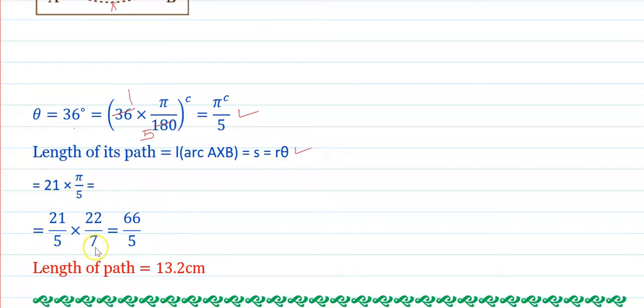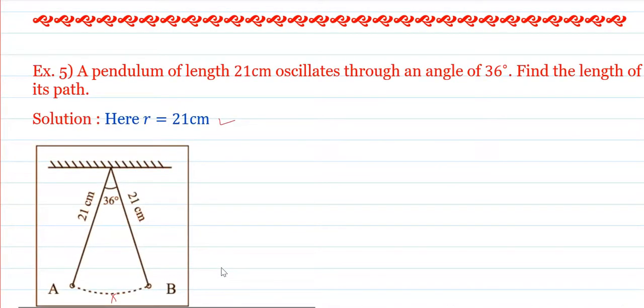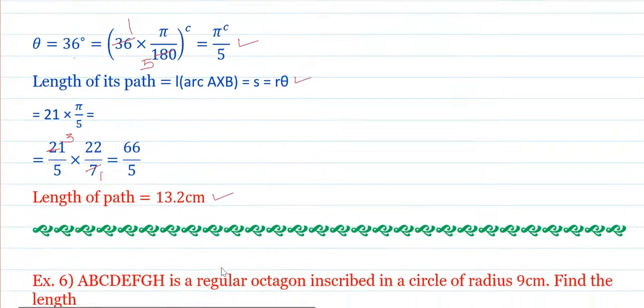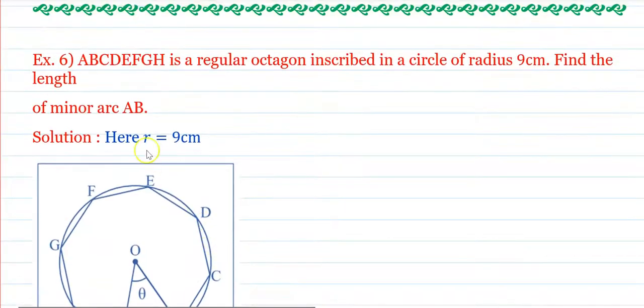If we simplify this, 7 ones are 7 and 7 threes are 21. 22 into 3, you will get 66 upon 5. Hence the length of arc is equal to 13.2 centimeter. Easy question.